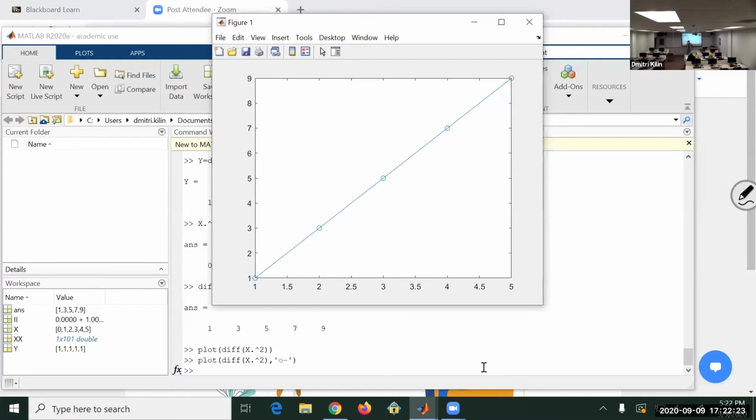Now let's compare dx of x squared versus x, right? It grows linearly.